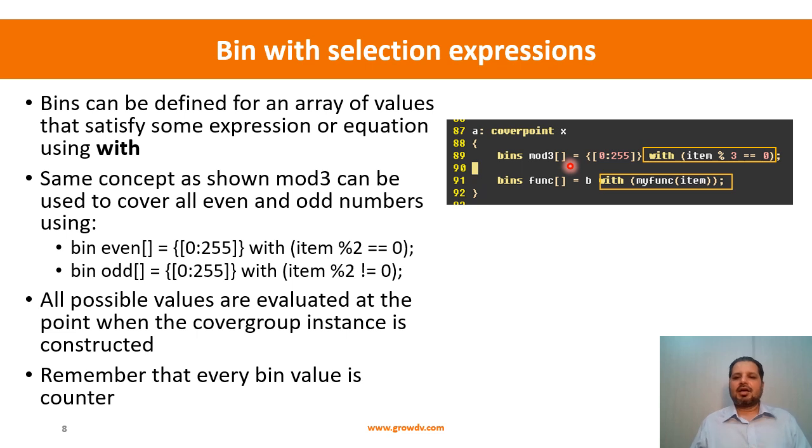Dynamically meaning once the covergroup is constructed, at the point of construction we can use this type of filtering mechanism to define the bins, but once the new call is over, we cannot change anything in the covergroup construct. And that is because we have to remember that every bin value acts as a counter. So we need to allocate resources to implement that particular counter, and in order for that to happen, it has to be available at the point of construction.